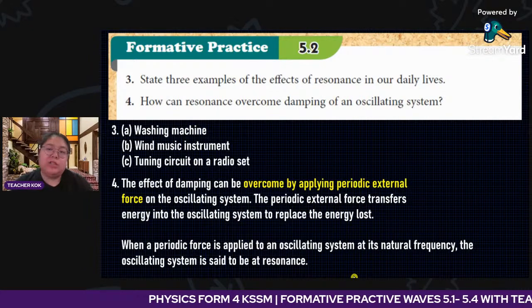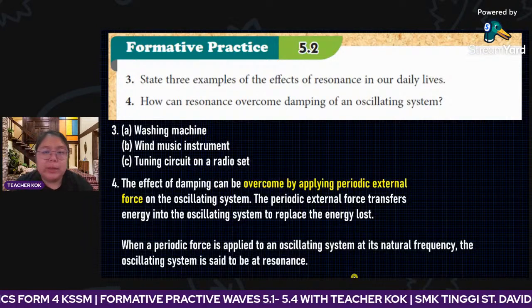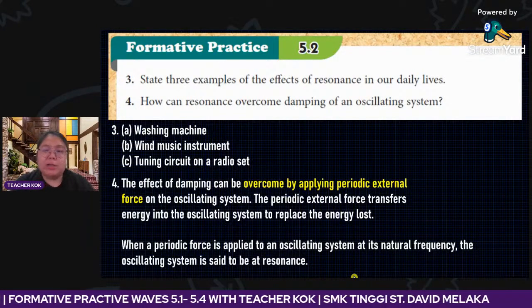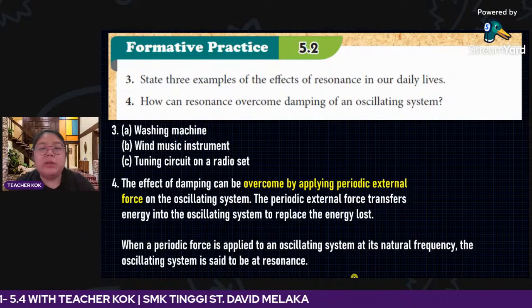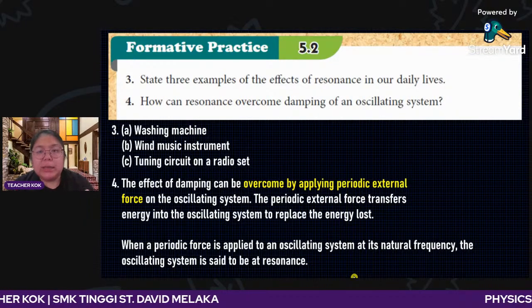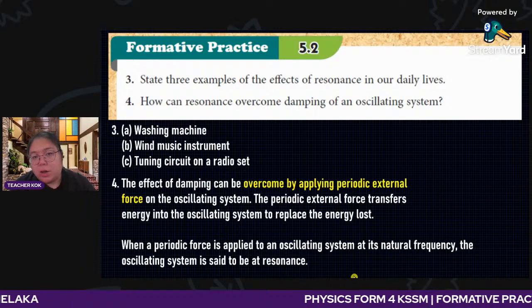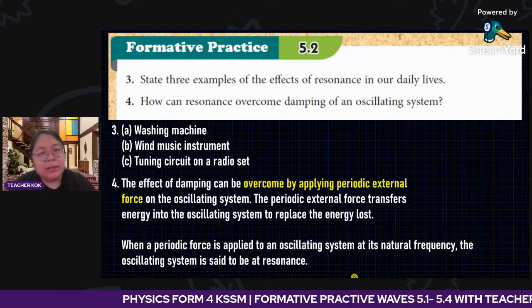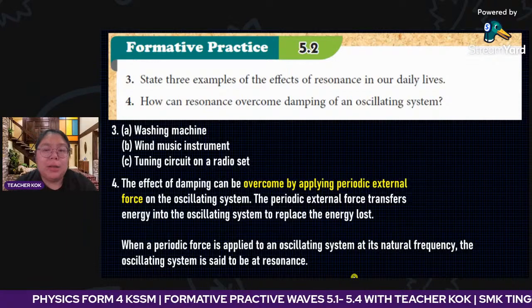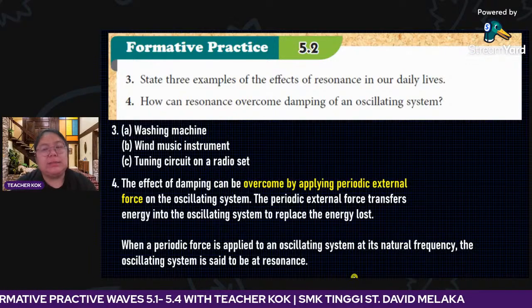But when I push the swing again, it will continue swinging. When it slows down and I add a force again, it will continue to swing. So that means I reduce the energy loss. Although it loses energy, I add the force again. So finally the damping can be overcome by using extra force acting on the system.